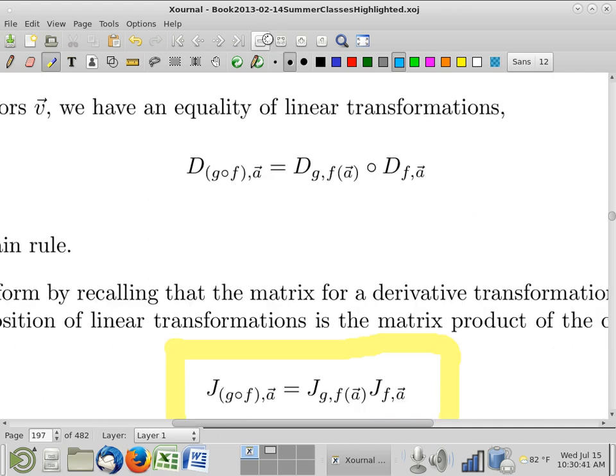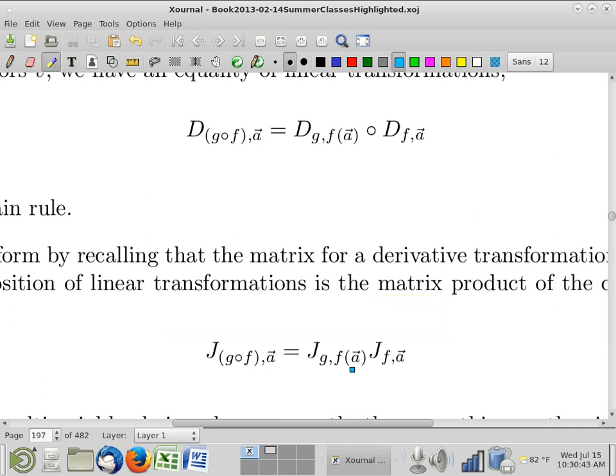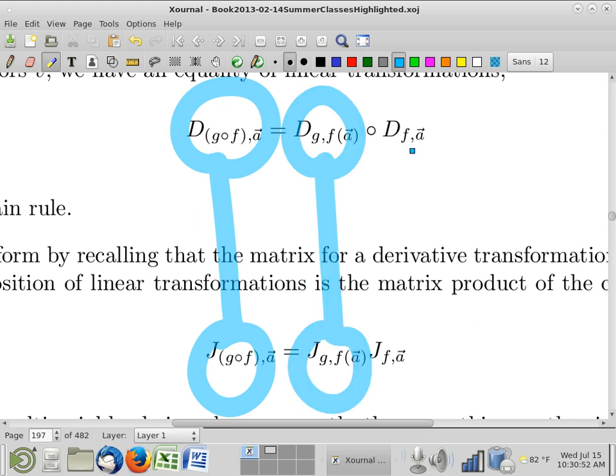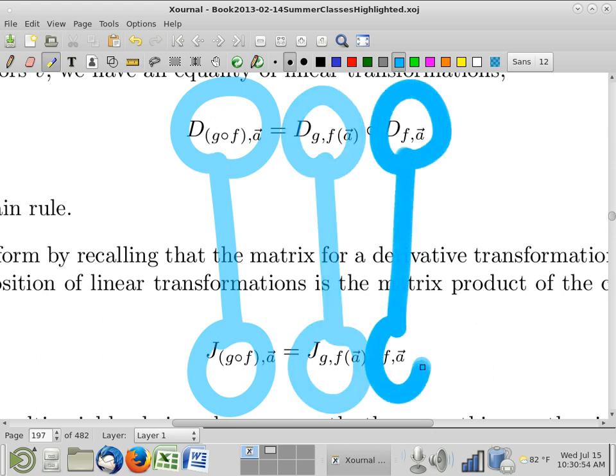Zoom out a notch here. Derivative transformations are represented by matrices. These derivative transformations are represented by Jacobian matrices. Composition of transformations is represented by matrix multiplication. Flashback to chapter 3: composing linear transformations means you multiply their corresponding matrices.